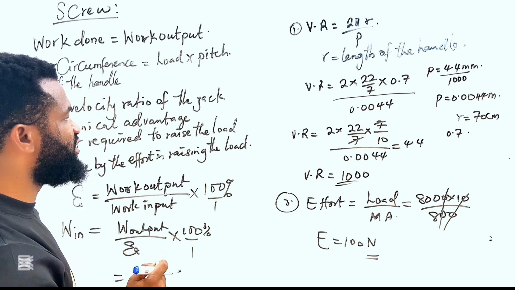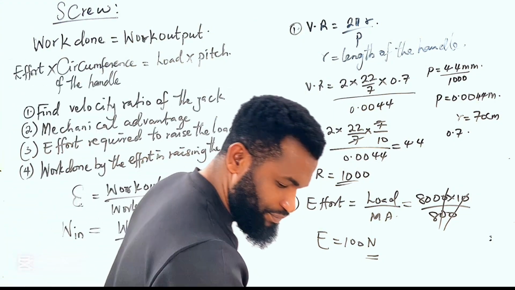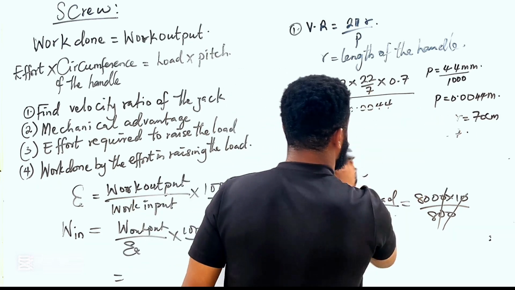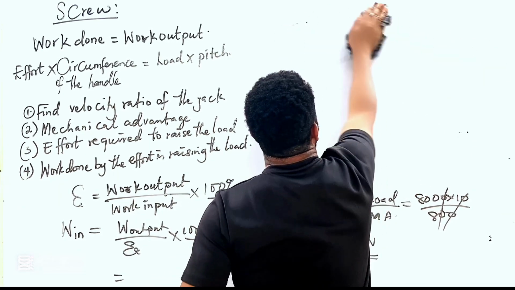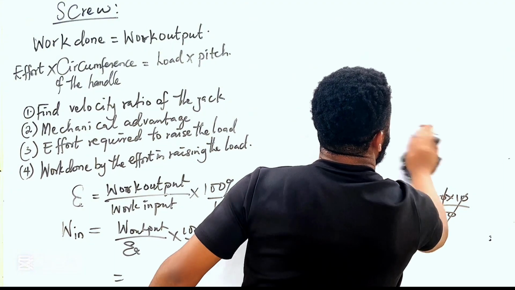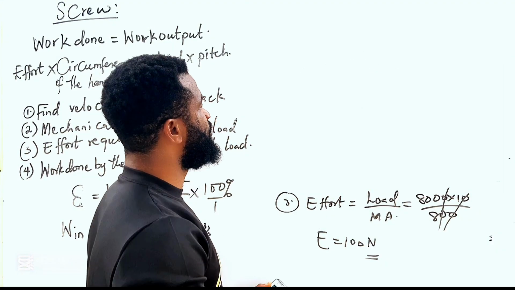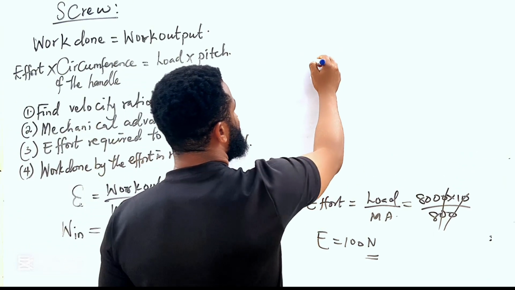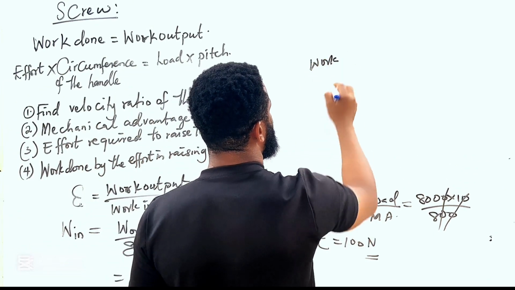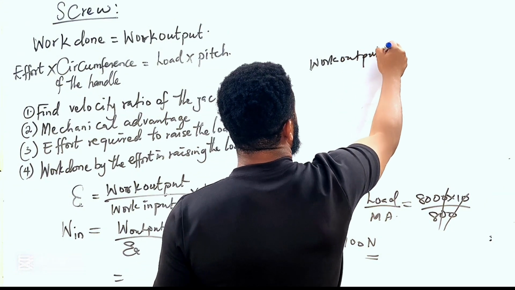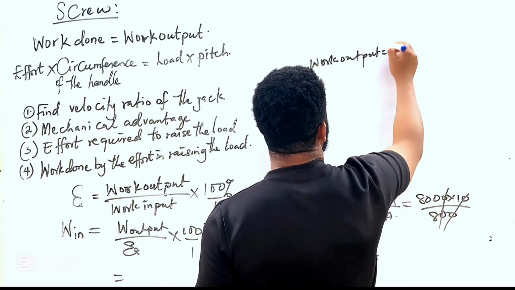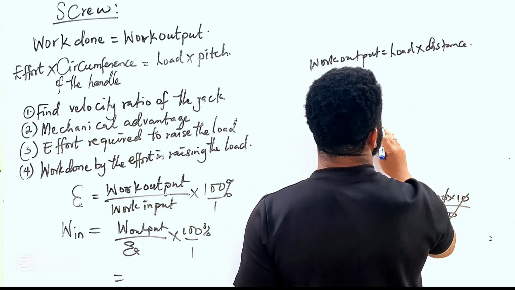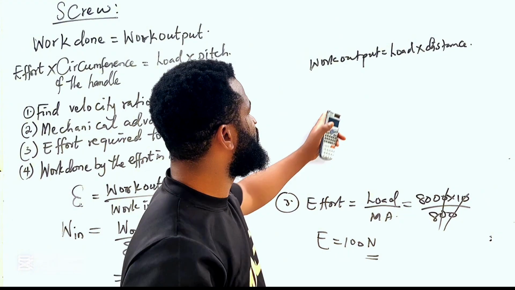Our work output, which I'm going to find, remember, work is force times distance. Work output is going to be load times distance moved by load. Because the voice had issues, I'm doing this voiceover.